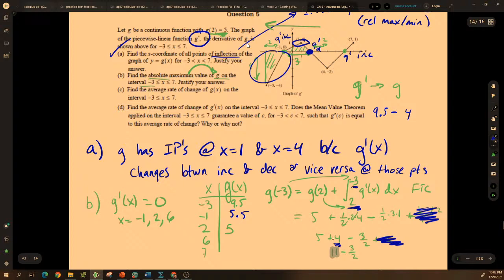So this should have been 9 minus 3/2, which is 9 minus 1.5, which is 7.5. Since this would have been 7.5, we're subtracting off the 4, we get 3.5.